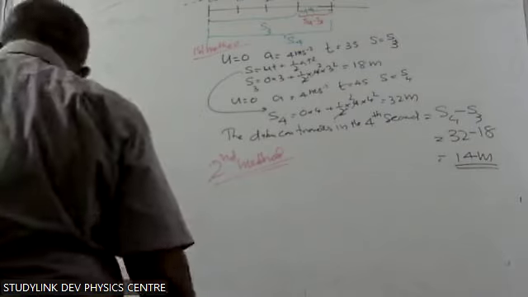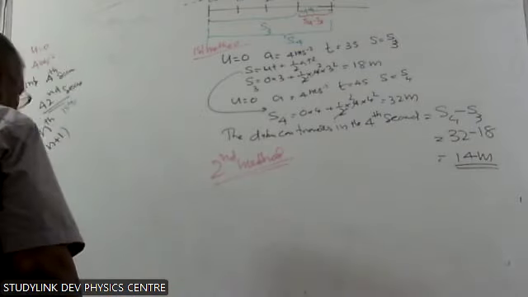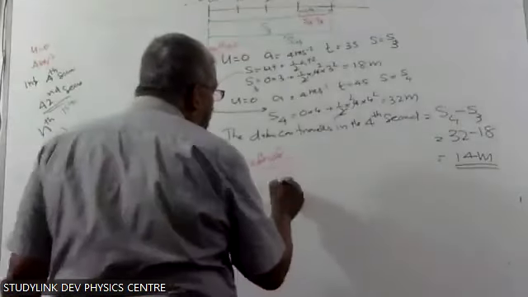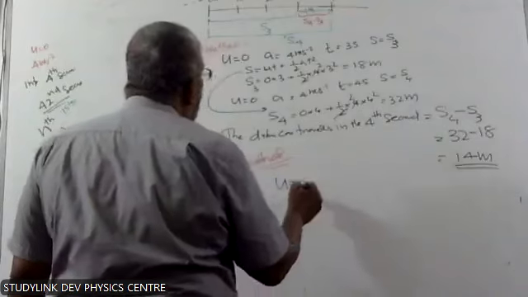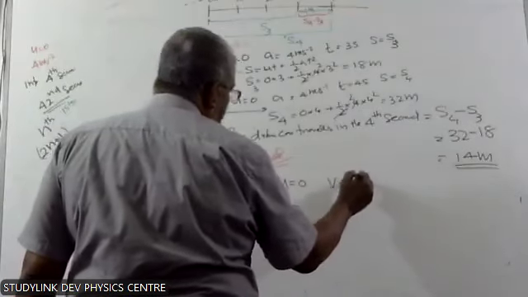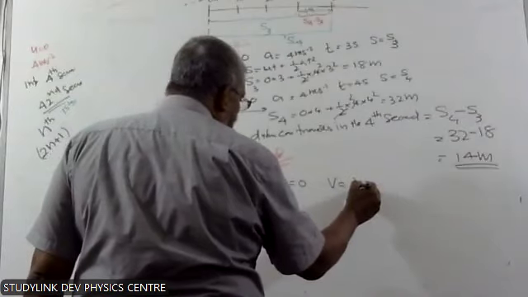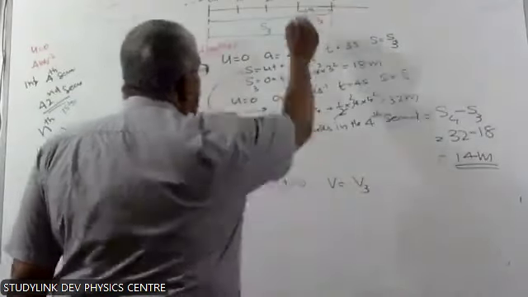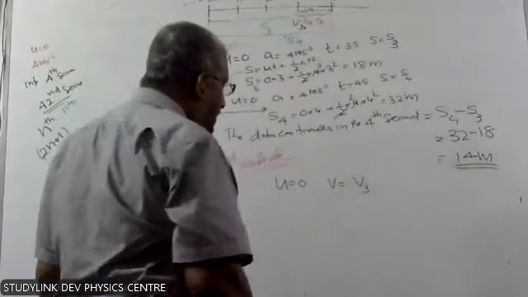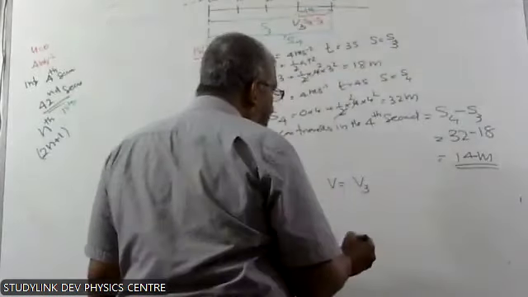The second part, second method. You consider u is equal to 0, v is equal to v3, and you can find the next situation.